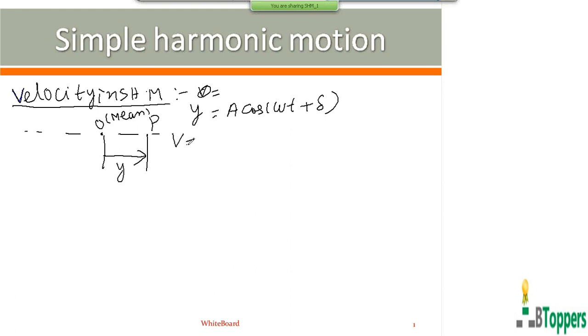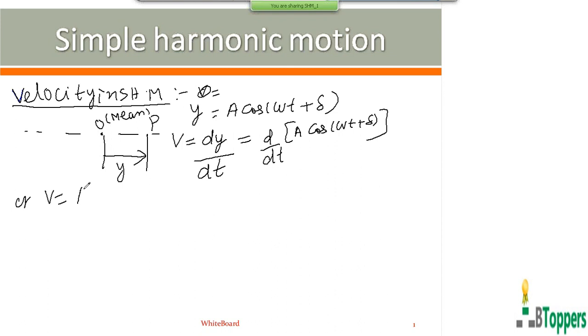The instantaneous velocity at time t is given by v equal to dy by dt. So you can write d by dt of a into cos of omega t plus delta. a is a constant, so it can be put outside the derivative symbol.